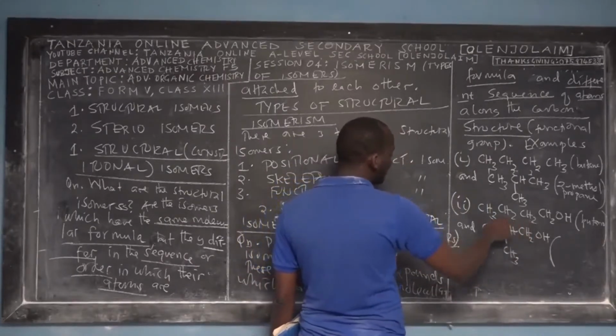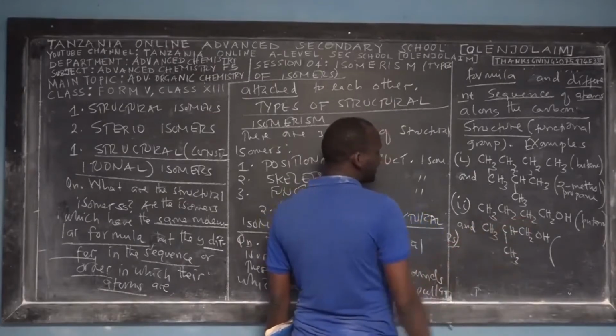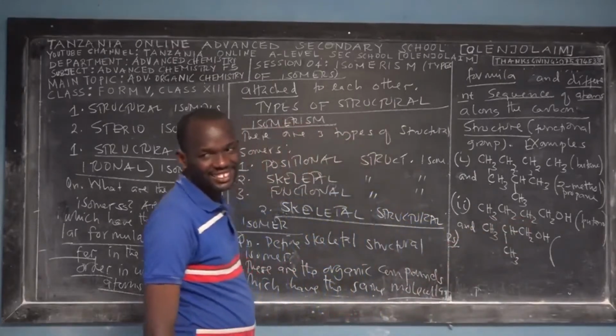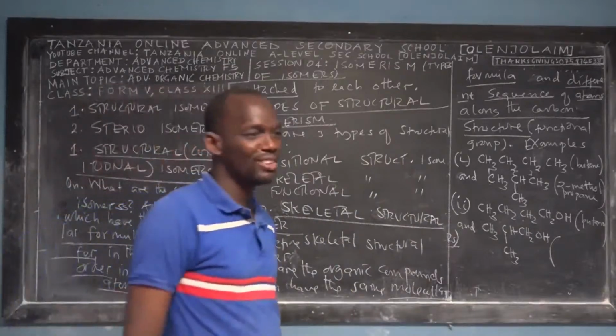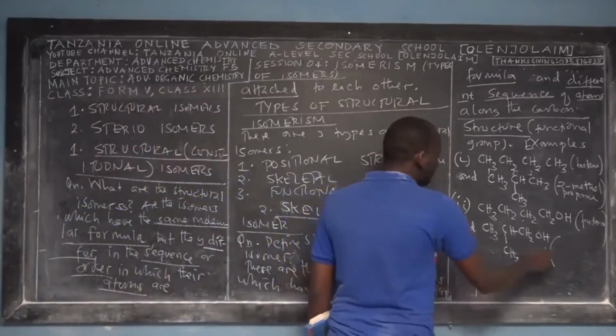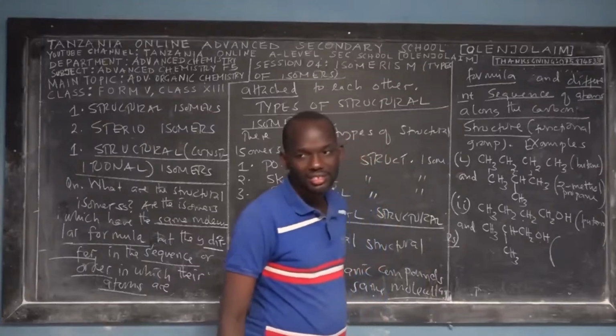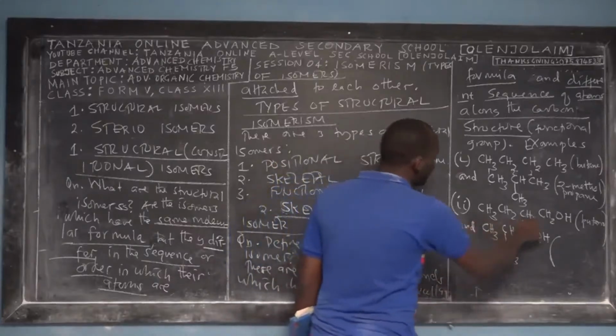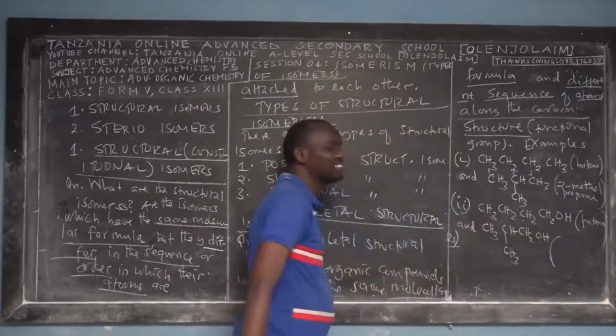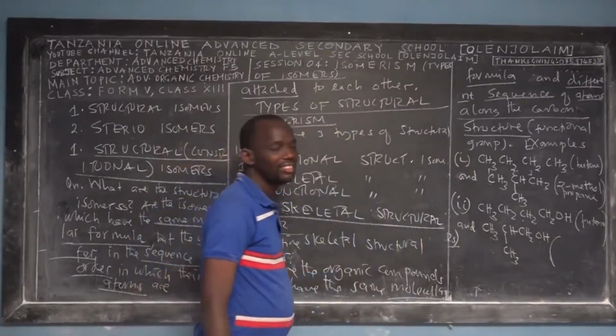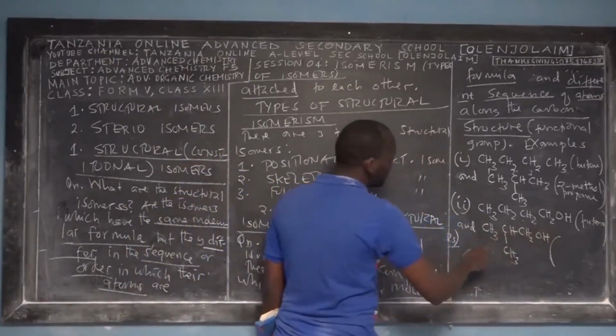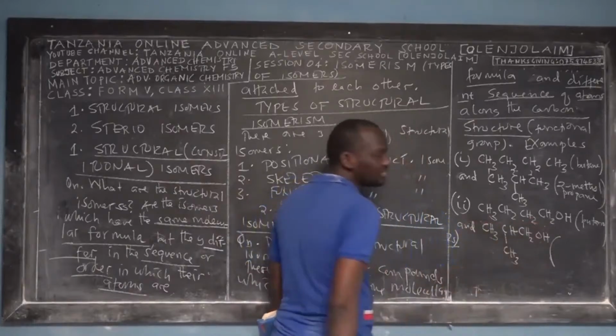Should you number from this side, or should you number from this side? Hey! You're naming organic compounds. This is the functional group of alcohol. Should you start from this side to this side, or this side to this side?